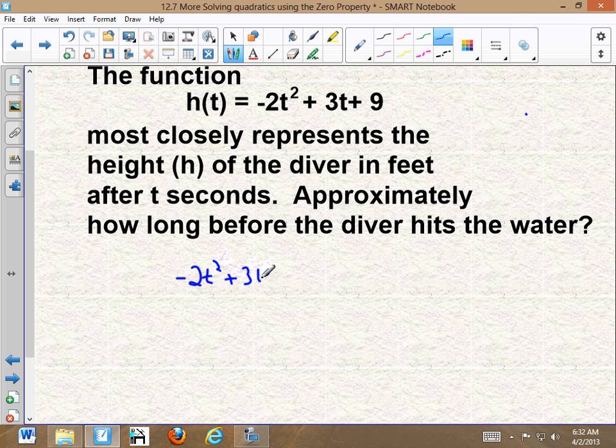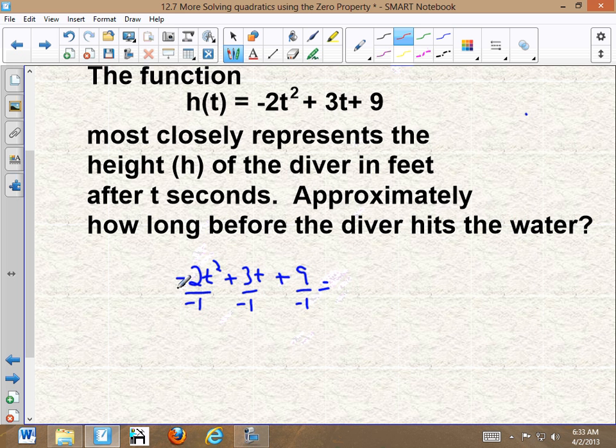negative 2t squared plus 3t plus 9. However, I cannot have my leading coefficient be negative 2. How do I turn this positive? I turn it positive by multiplying it by negative 1 or dividing it by negative 1. If I divide this by negative 1, I have to divide everything by negative 1.